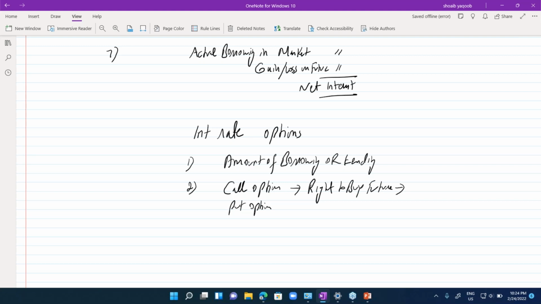And when you buy future, when you receive interest, receive interest means lender. Put option means right to sell future when you pay interest. And when you pay interest, you are a borrower.